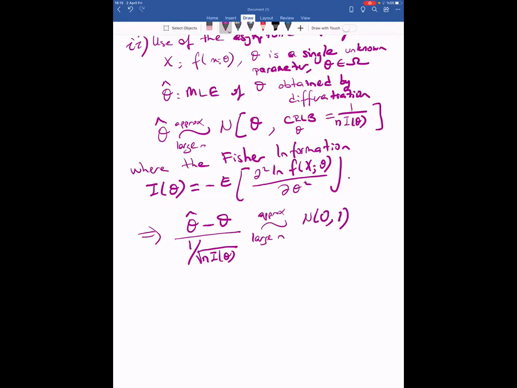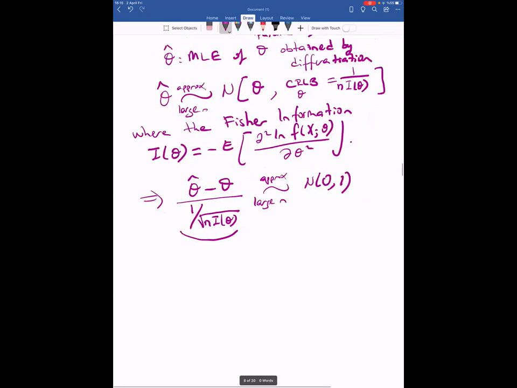So this will be our pivotal quantity, and this distribution is free from any unknown parameters. Then using the approximate lower bound as minus z_{delta/2} and plus z_{delta/2}, and solving for the unknown parameter theta, we can derive an approximate confidence interval for theta.